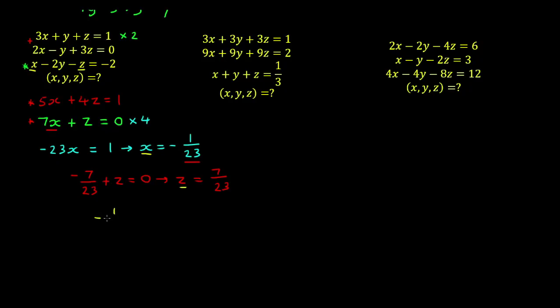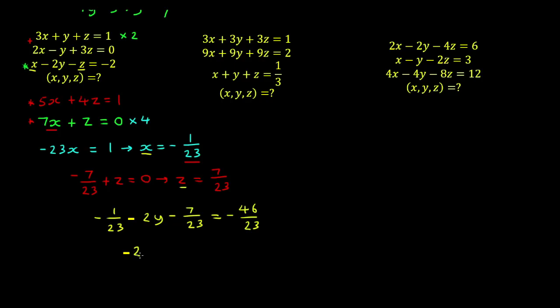So we have minus 1 on 23, minus 2y, minus 7 on 23 is equal to negative 2. So negative 2 is minus 46 on 23.